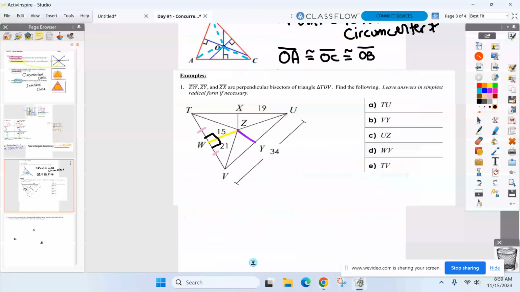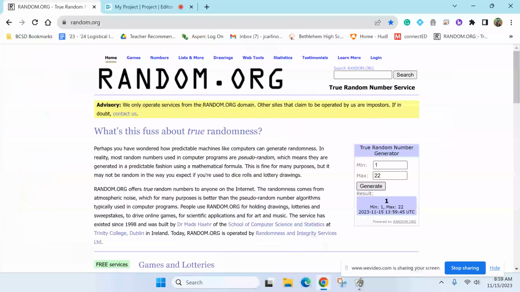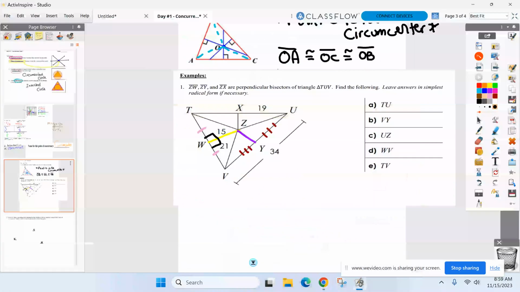Micaiah, give me a grouping of markings you're putting on. Hash marks on UY and VY. Yep. And what else should I be putting on here? Angle VYZ is equal to angle UYZ because of right angles. There we go. I got right angle symbols there.